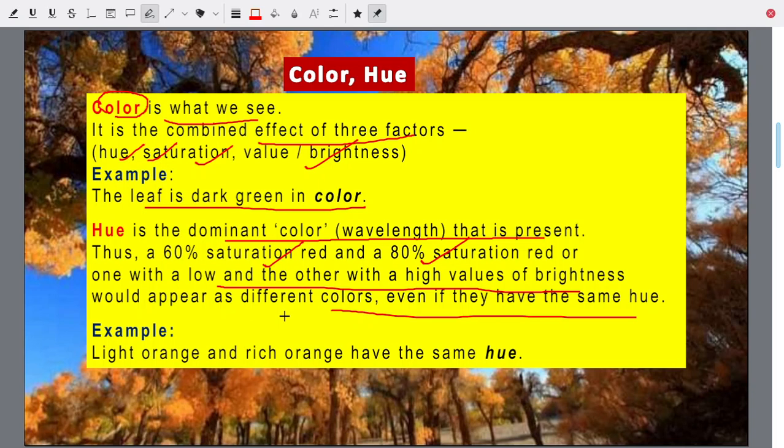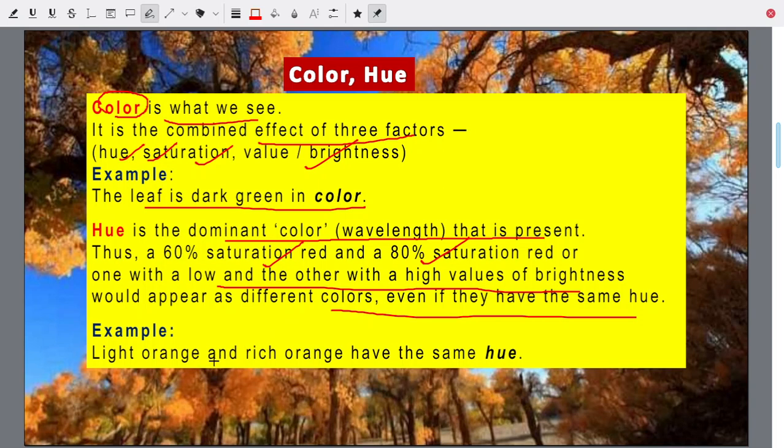You are clicking the color of a leaf. It's green. The hue is green. But what you see is the green color. Now this green color you can change in appearance by changing the saturation and brightness, the options which are provided in your mobile phone camera option.